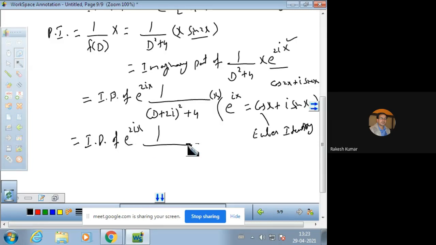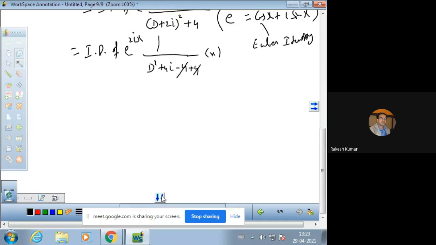So solving a little, this comes out to be d square plus 4 iota d minus 4, and this is plus 4, into x is 0 into x. So 4 can be cancelled here, and you see that there is a polynomial term, and if we have a polynomial term, then we need to apply the binomial theorem here.